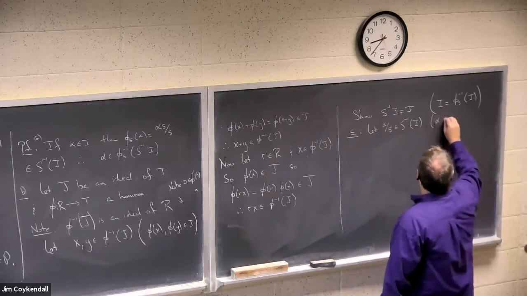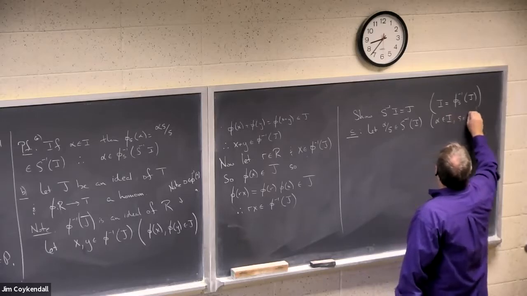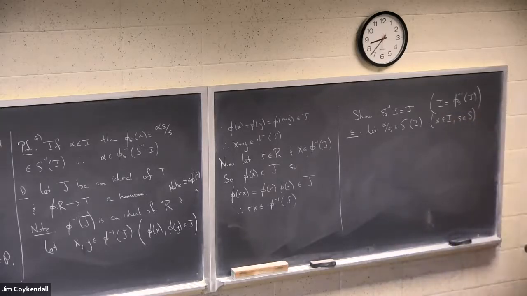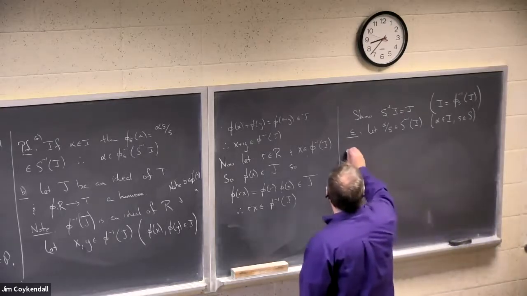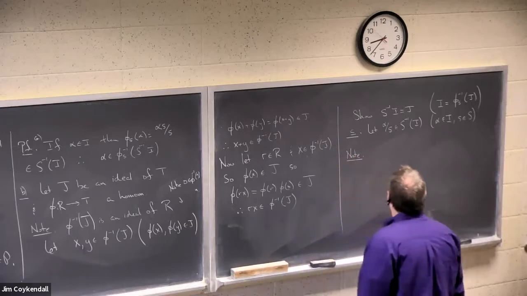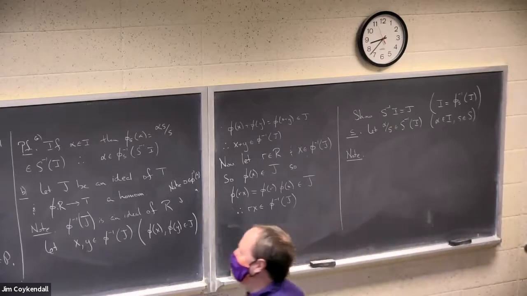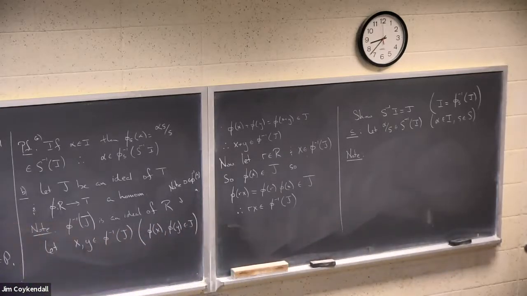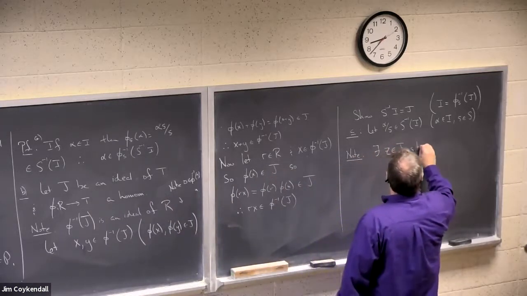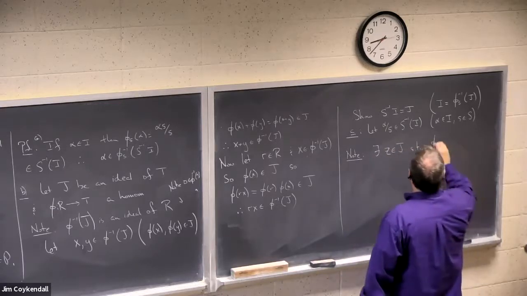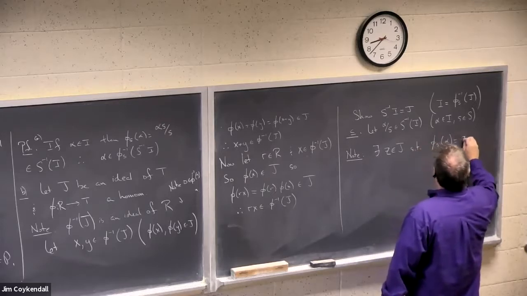Let alpha over S be in S inverse I. We want to show that it's in J. Well, notice that I is the pre-image of J, so there exists a Z in J such that phi_S of alpha is Z.